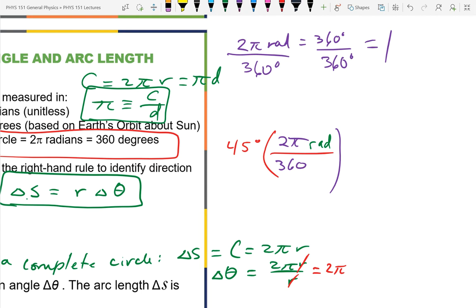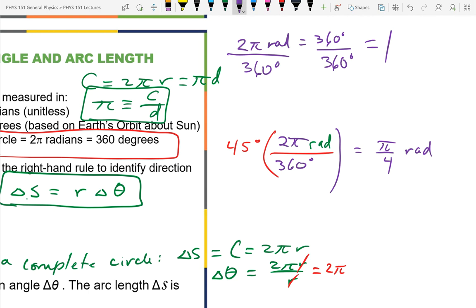And now I'll erase the word degree and put the degree sign. And of course, most of us are really astute, and we know that we could cancel a 2 there and make it pi over 180 degrees. And of course, 45 divided by 180 is 1/4. So 45 degrees is pi over 4 radians.